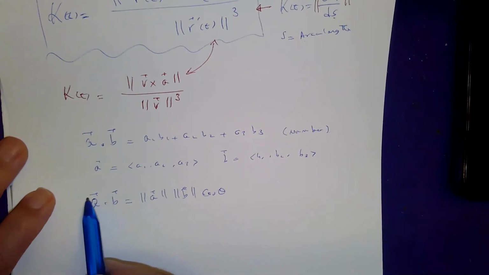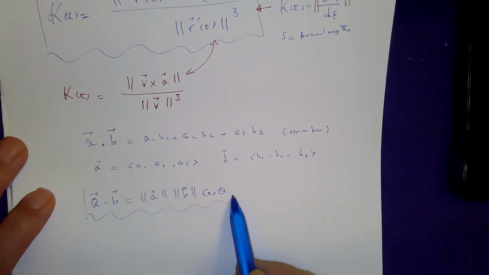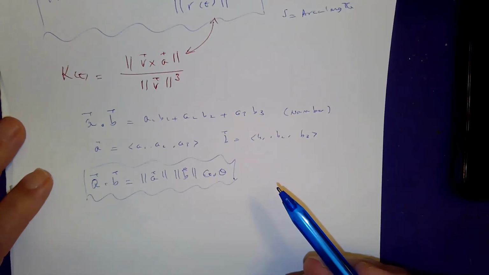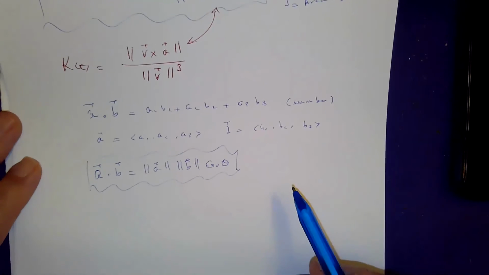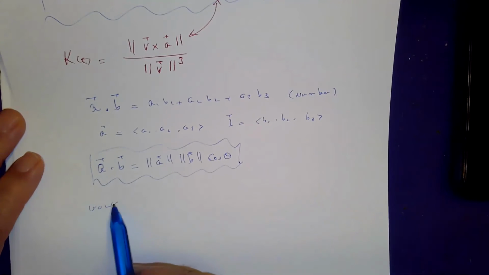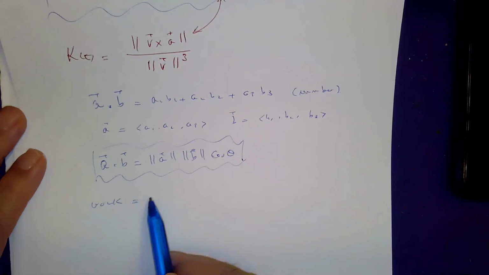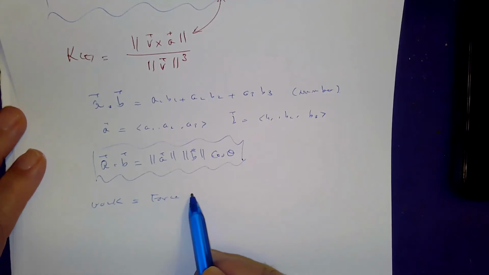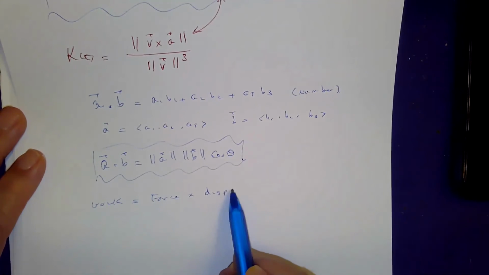But then again, the question is, what exactly is this finding? Geometrically, I can't tell you what it is finding, but application-wise, I can. One of the applications is the work problem, which is force times displacement.